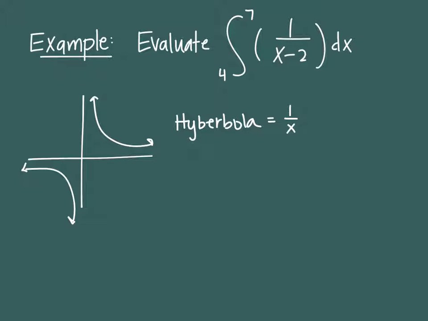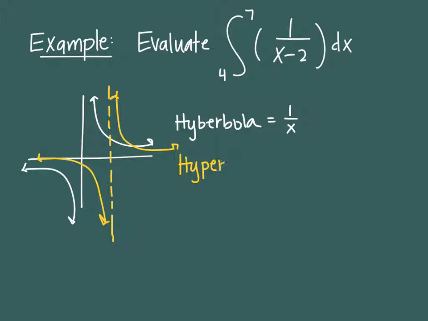This is 1 over x minus 2, and the minus 2 slides the whole graph to where the asymptote is at the number 2 instead of along the y-axis. And so this whole graph now is going to slide over 2 units like this, and then the asymptote is coming down through there.